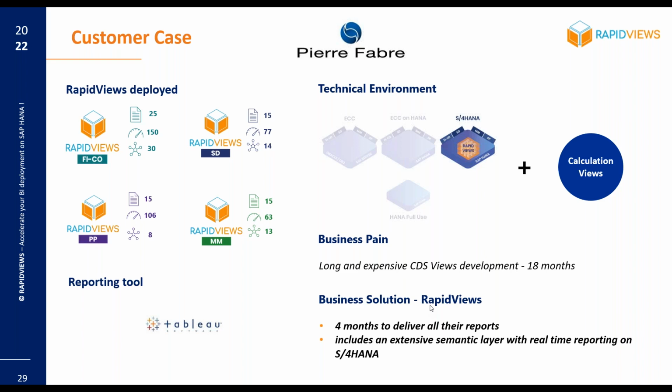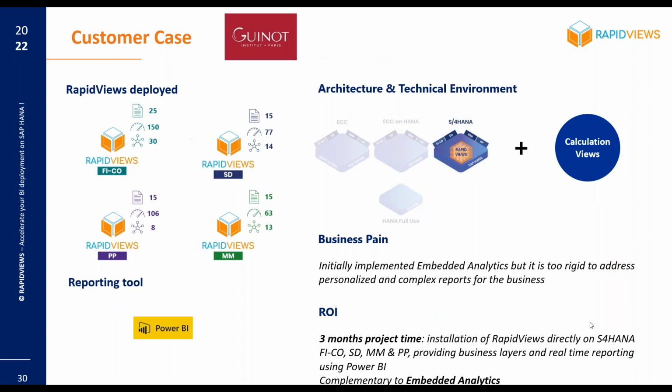The business users were very happy with the extensive semantic layer and the real-time reporting on S4hana, and the IT team could build on our Rapidview solution to add information from other modules as well. Here we use calculation views, and the reporting tool is Tableau Software, which works very well with calculation views.